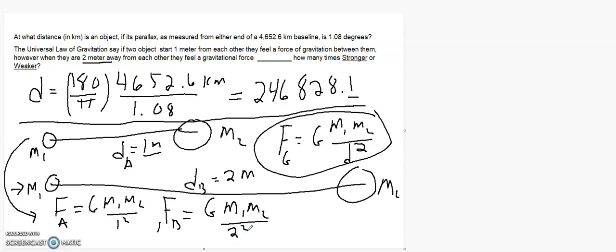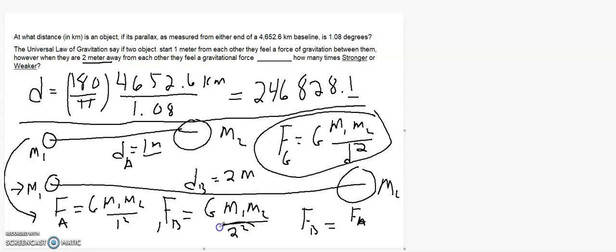And the other thing is, there's similarities between these two, right? Force B is exactly the same as force A. Sorry, that's supposed to be an A. But notice, right?